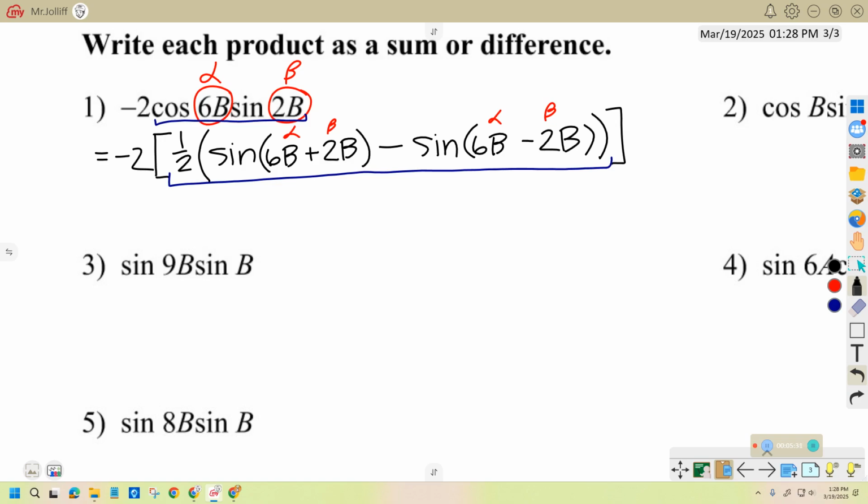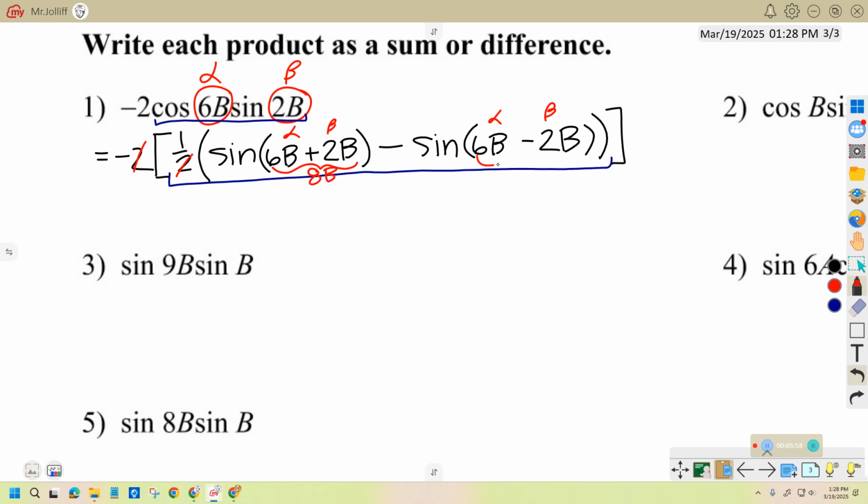And we see some stuff that will simplify. I see a 1/2 and a 2. I know those 2's are going to cancel. I'm just going to have a -1 in front. Inside, I see a 6b plus a 2b, and I know 6 plus 2 is going to give me an 8b inside that first sine.